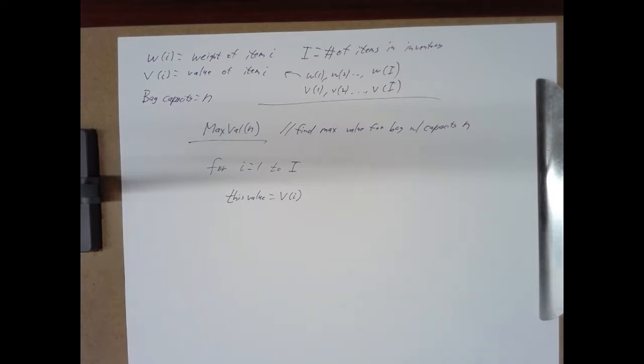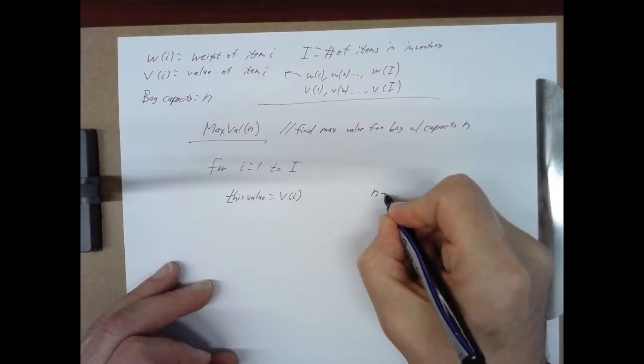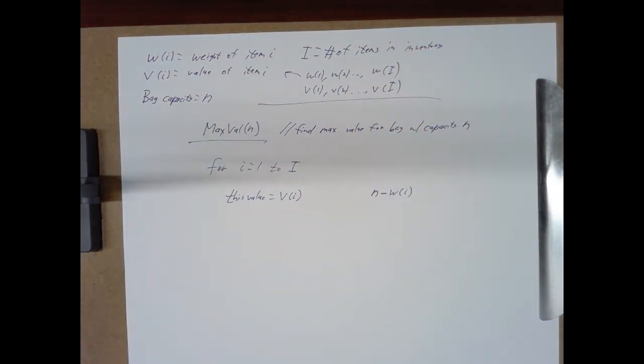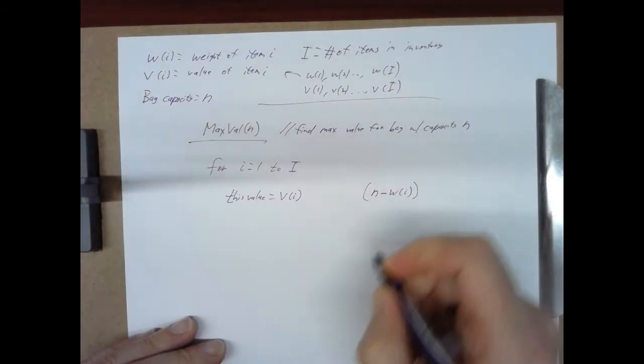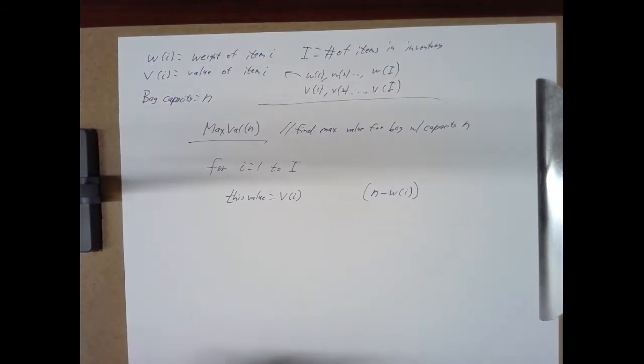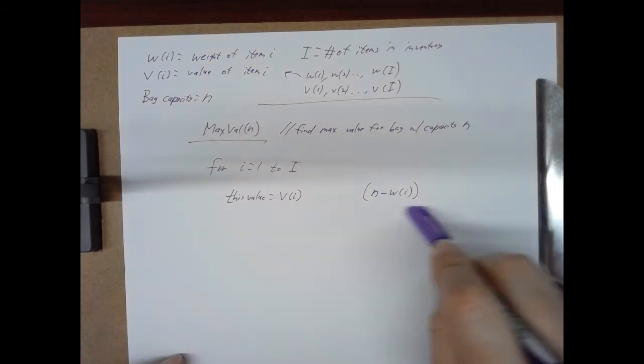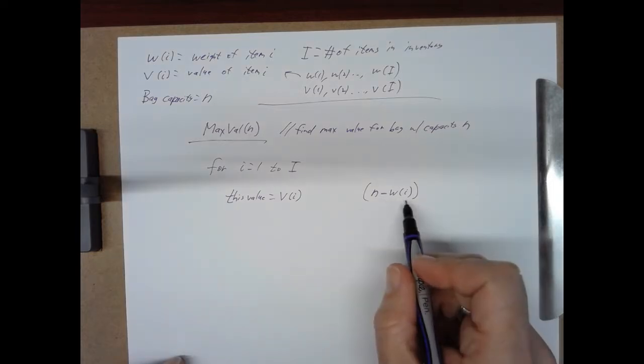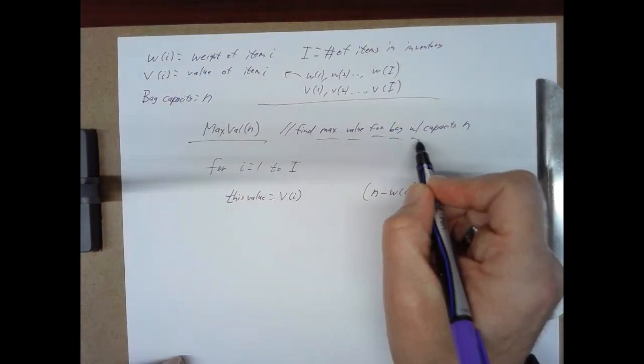If our bag holds 10 pounds and we put in an item that weighs 2 pounds, our bag can now only hold 8 more pounds. So our original capacity, minus the weight of this item i, that's the capacity of our new bag. And what's the most value that we can get by putting items into a bag with this capacity? What's the max value for a bag with this capacity?